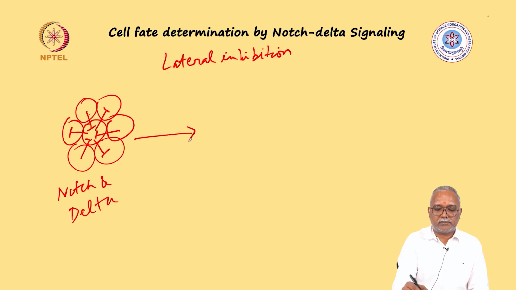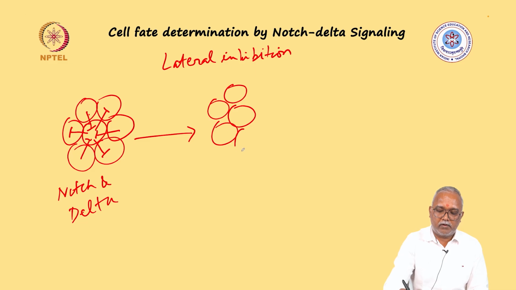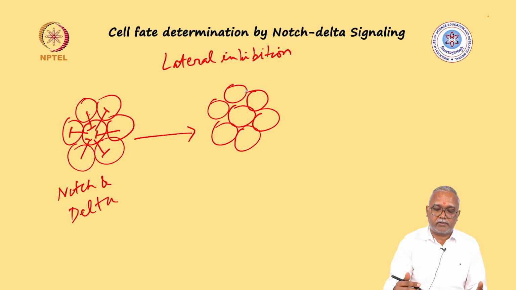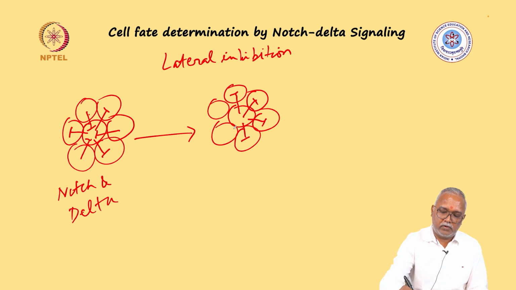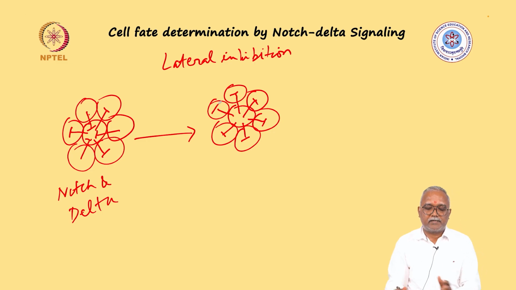As time progresses, you now get to a situation where productive signaling is going only in one direction, which is happening in the peripheral cell. So here you now have unidirectional signaling as the development happens.